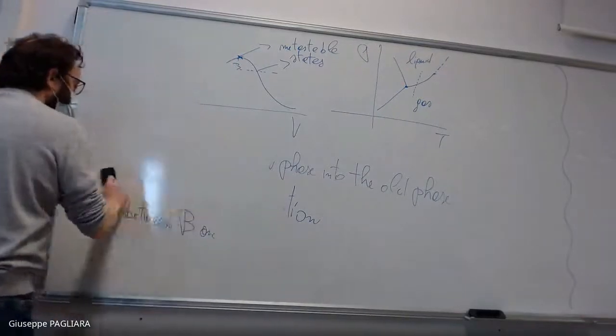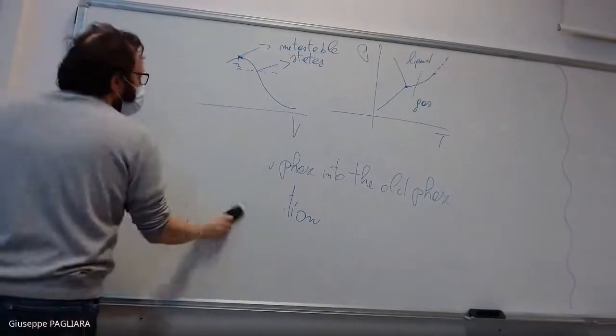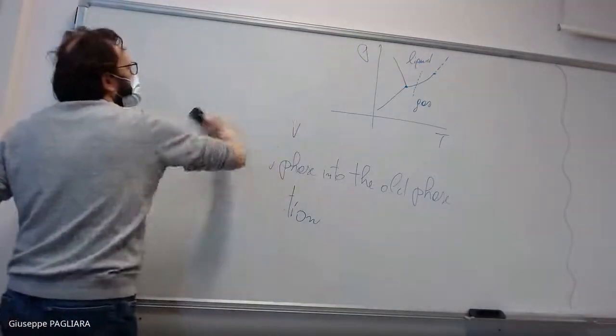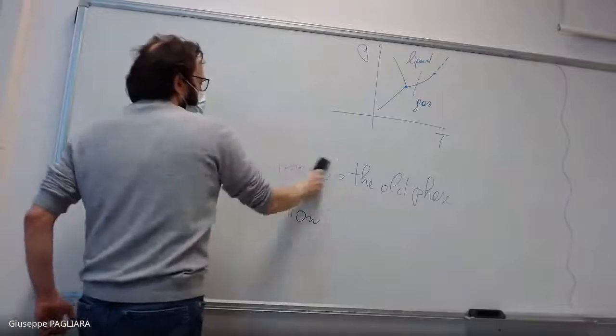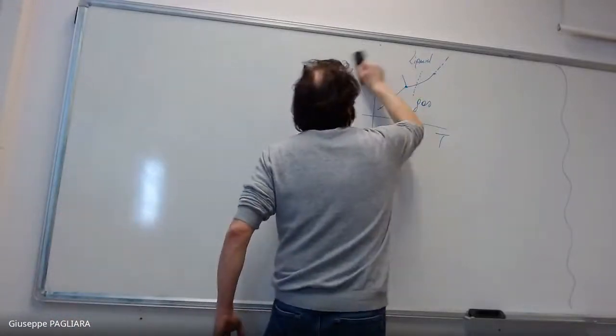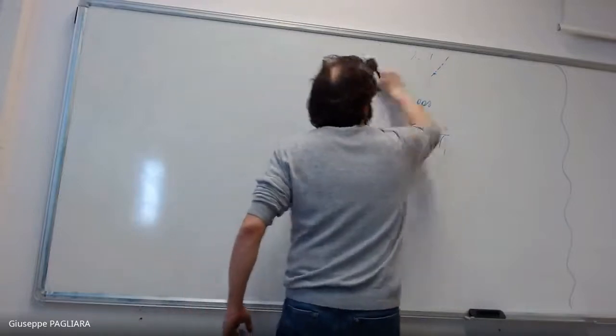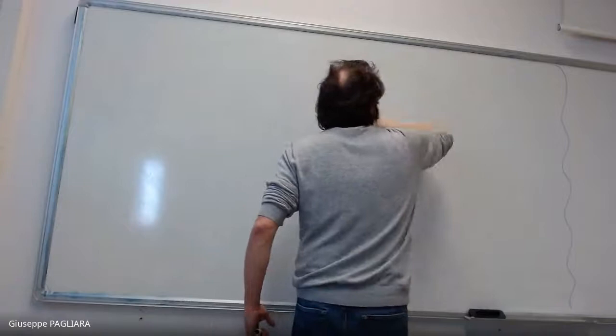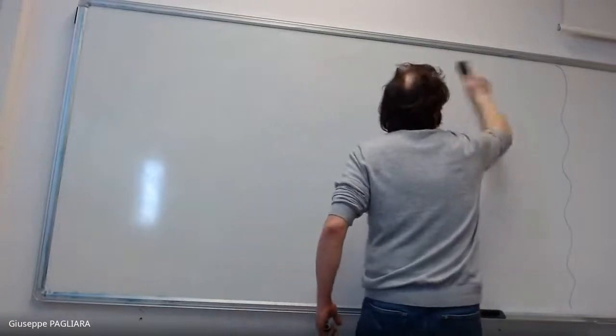Now we will study a little bit more in detail the mixed phase. We will introduce a quantity which is the latent heat, which characterizes the first order phase transition. And at the end of this day, probably we'll do the Gibbs rule for the phases, and that's it.